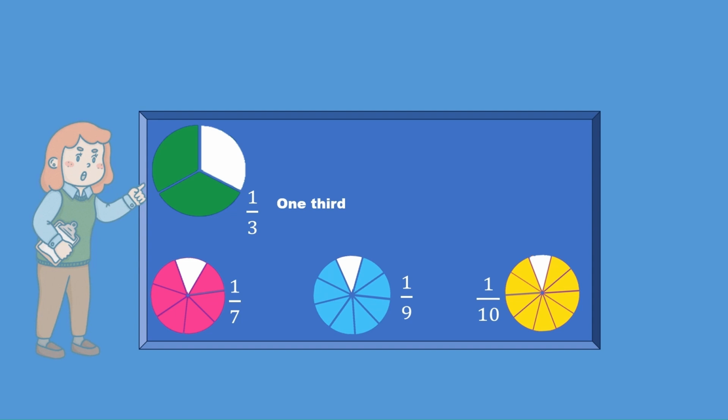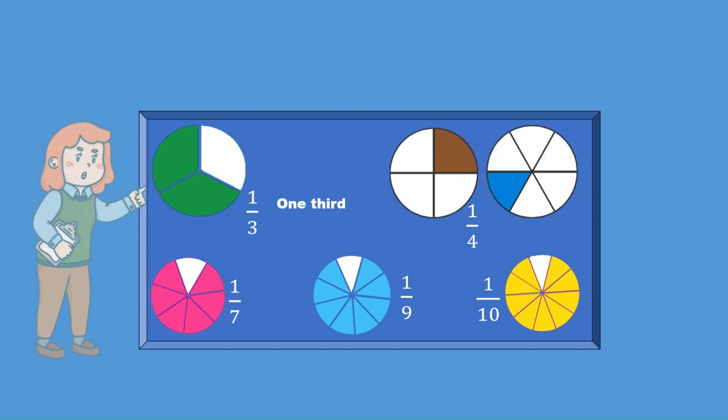Now let's take up 2 other cases. In this particular case, what part of the circle is colored? So 1/4 of this circle is colored. Last example here. What part of the circle is colored blue? 1/6. 5 parts are white in color and 1 part is blue in color.